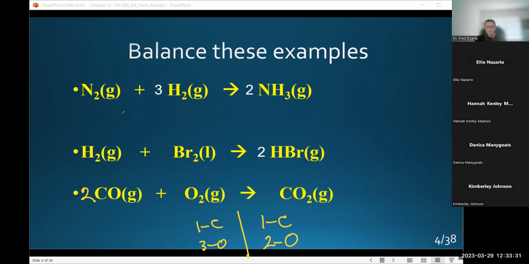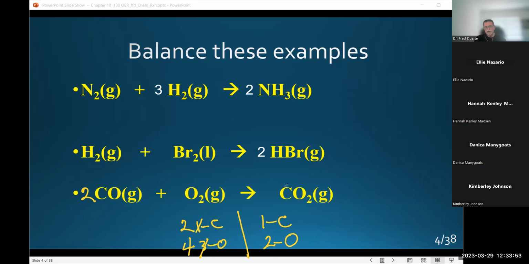By adding a 2 there, doesn't that now give me 4 oxygens? Yes, I've got 2 in carbon monoxide and 2 in the form of oxygen, so that's good. But it also kicked up my carbons to 2. All right, no problem.